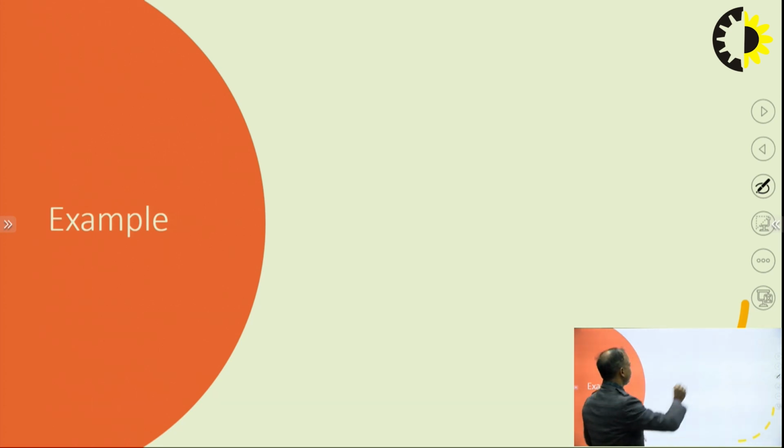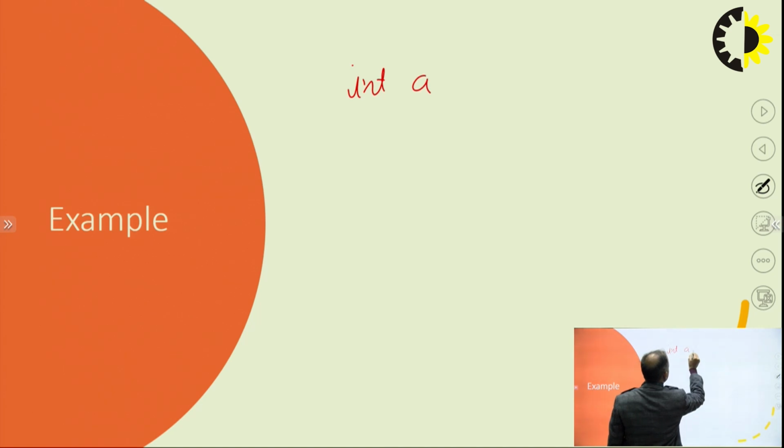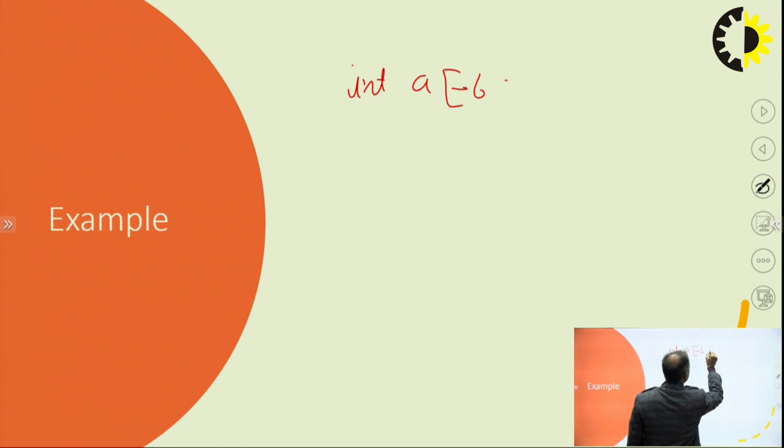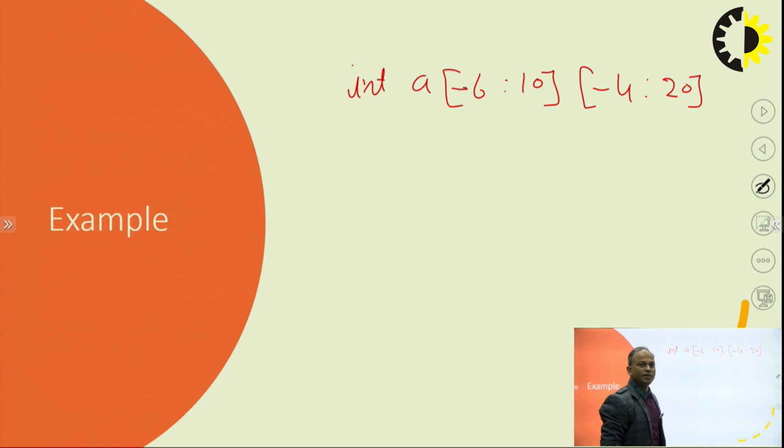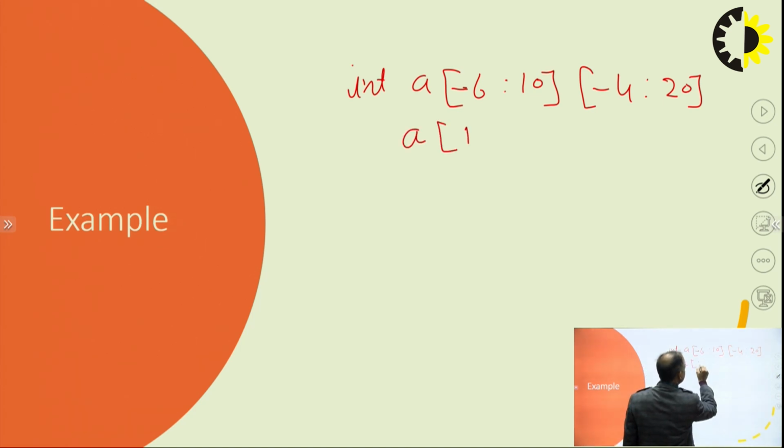Say the array is given as integer A starting from -6 going up to 10 and the column starting from -4 going up to 20, and we need to find out the address of A, say 1, first row, and the column is 13.